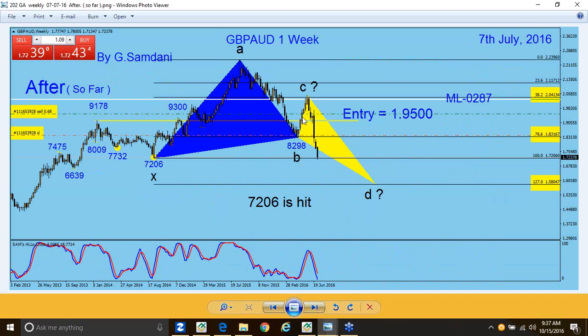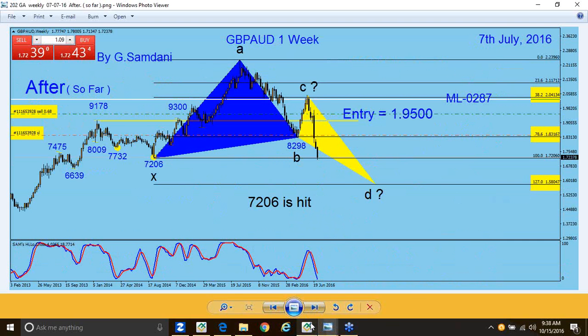This is what happened. Brexit, my short entry here, and it went all the way down without any problem. And I didn't have these charts in those days. I didn't have time to save charts and record charts and all that. I was completely busy.